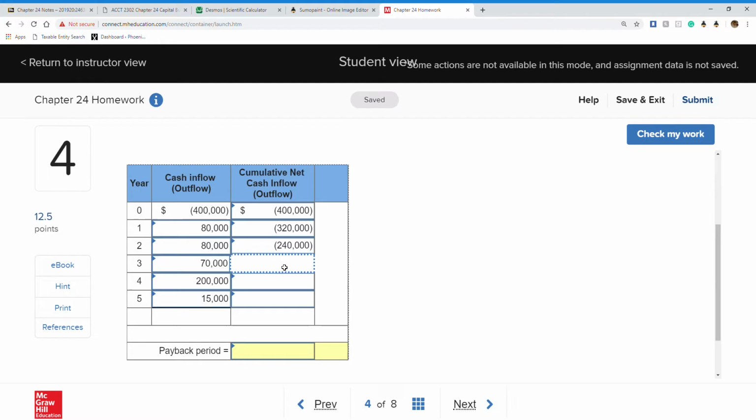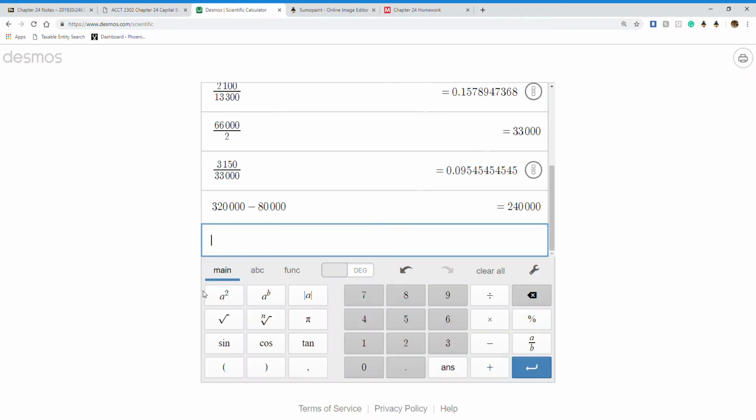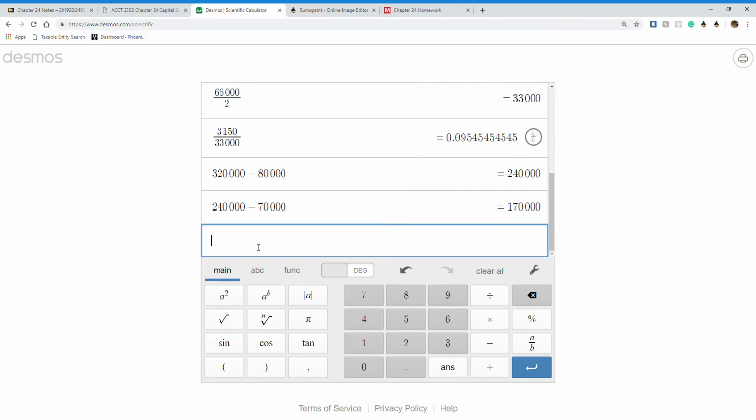That's sometimes what happens when you try and do it in your head. Okay, so negative 170. Because again, if we took 240 minus 70, now we're at 170.